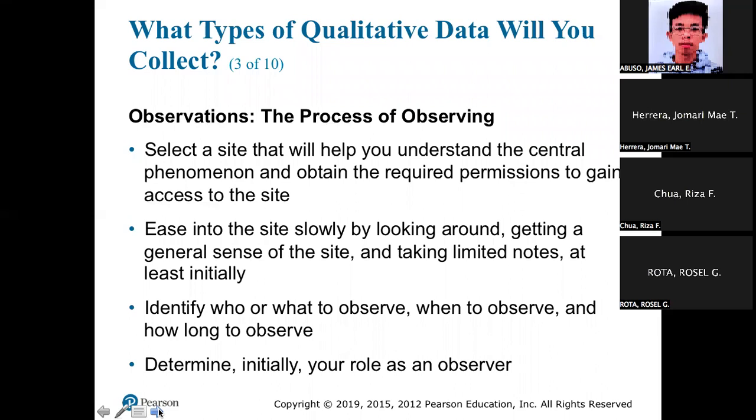Next, ease into the site slowly by looking around, getting a general sense of the site, and taking limited notes, at least initially. Next, identify who or what to observe, when to observe, and how long to observe. And lastly, determine initially your role as an observer. It's very important, as an observer, what is your specific role?